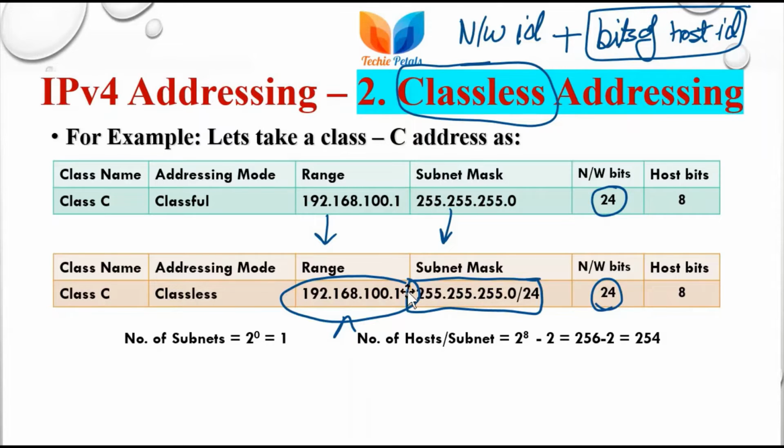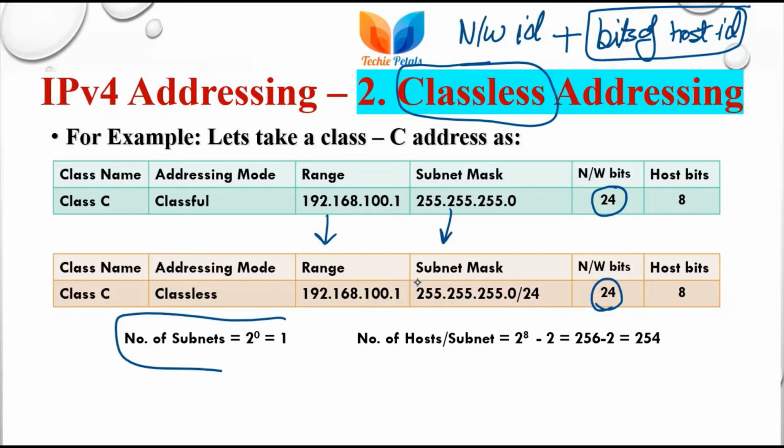And here, if you are using no bits from the host ID, then number of subnets will be 0, means we are going to have only one network with this IP address if you are not taking any extra bits from the host ID to represent subnet. Okay, so you need to borrow some bits from host ID to define the subnet ID of subnets. So let's take an example where we are going to use this class C address, and then we will be borrowing the bits from host ID to use as a subnet ID.